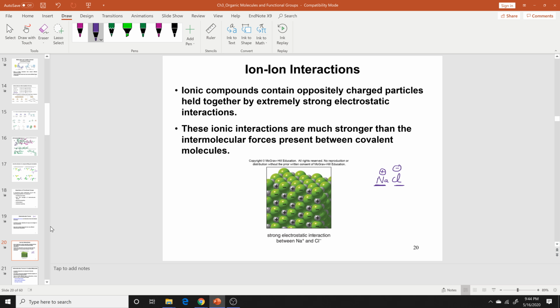These charges are held together by electrostatic interactions. They are very strong, and they are stronger than any of the intermolecular forces that are present in covalent bonds. Remember, this is an ionic bond. It is not a covalent bond.